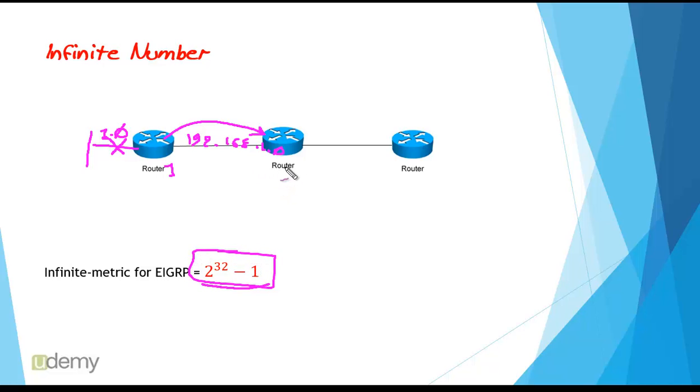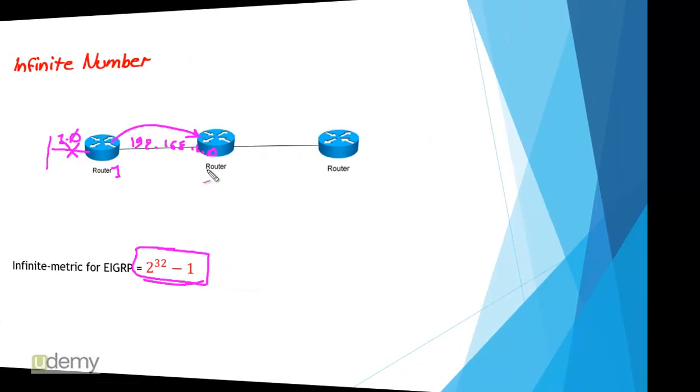And when the other routers receive this advertisement, they understand that this router could not connect them to the specified network. So they search for other options like a feasible successor route or the query response process that we talked about before.